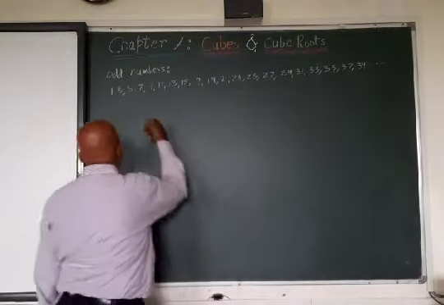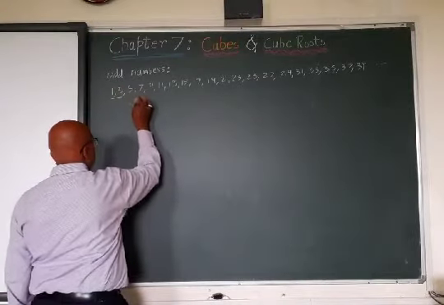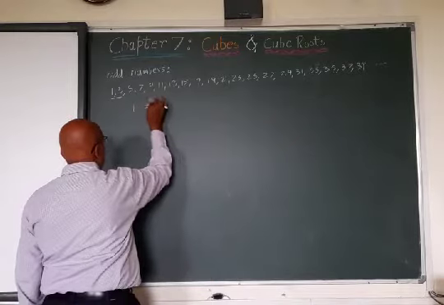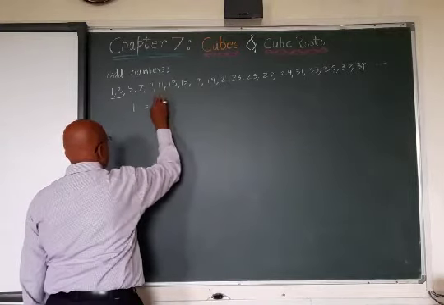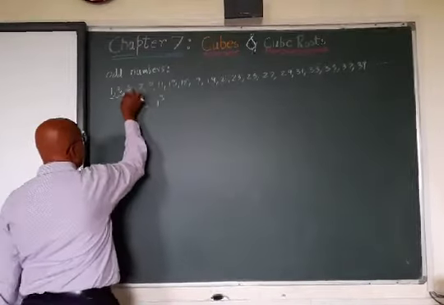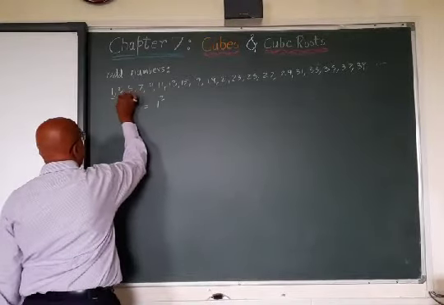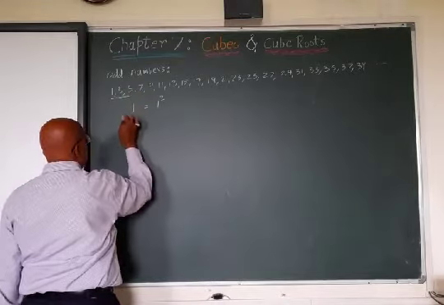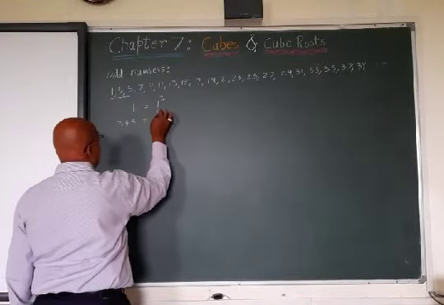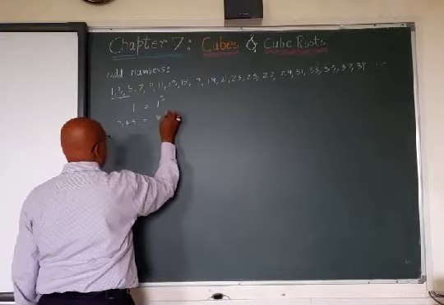Now if I go on adding, first 1 itself is an odd number, 1 cube. Then the next two, that is 3 and 5. I will add 3 plus 5 equal to 8, which is 2 cube.